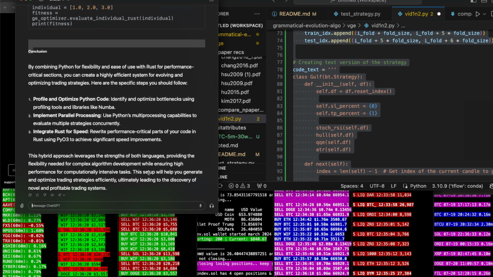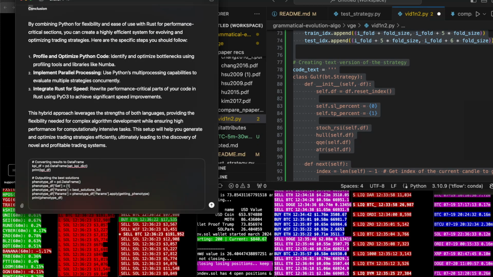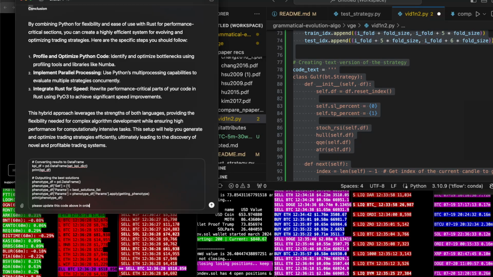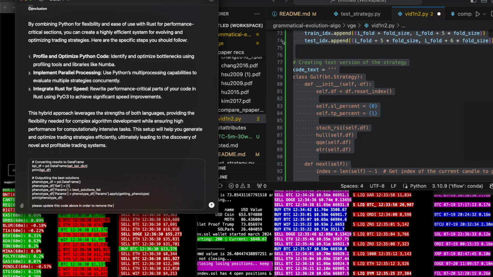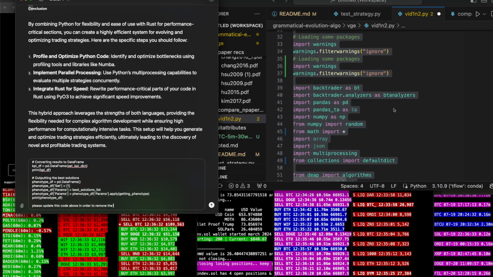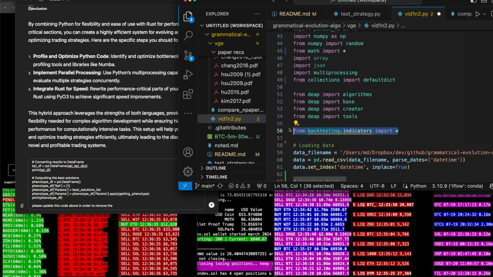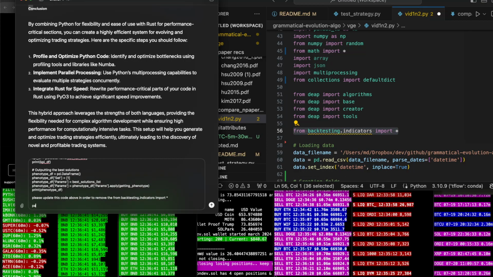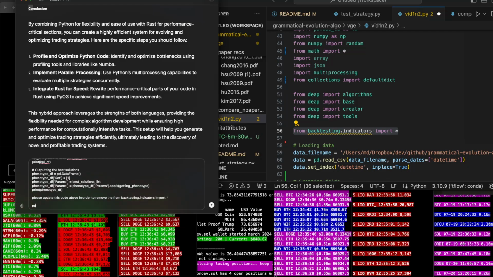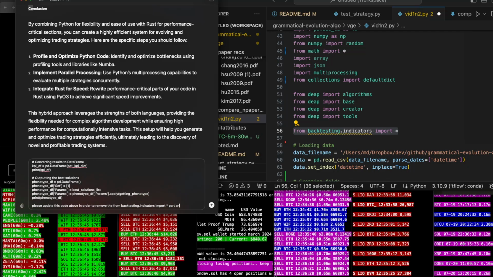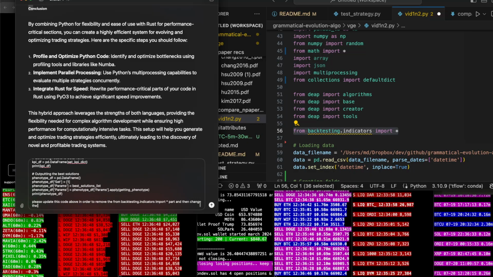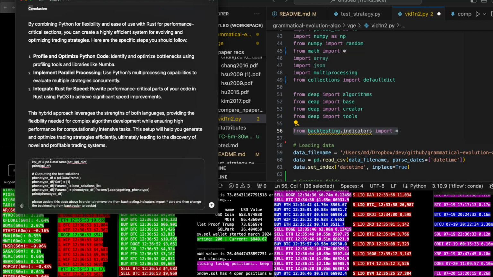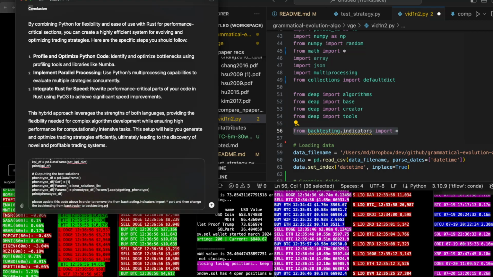So let's say, please update this code above in order to remove the from backtesting.indicators part, and then change the backtesting from backtrader to backtesting.py.